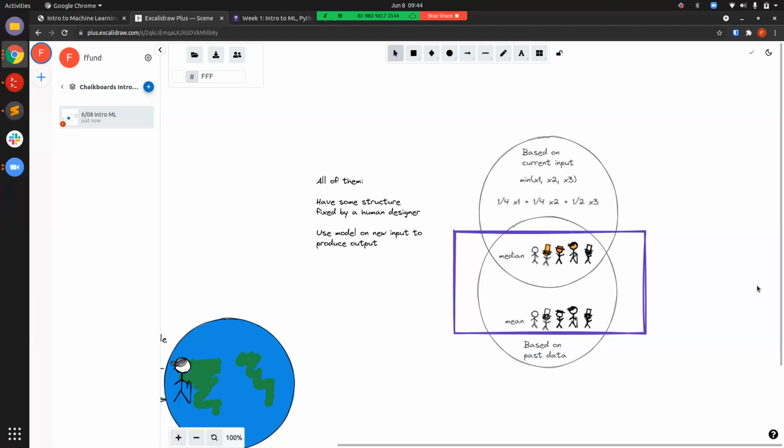Okay, Farhan says, it can learn things that could not be obvious to us. Maybe. I don't think these particular machine learning systems would learn anything that's not obvious, right? So the mean of previous coursework is a machine learning system because it's built using data as part of the model itself.